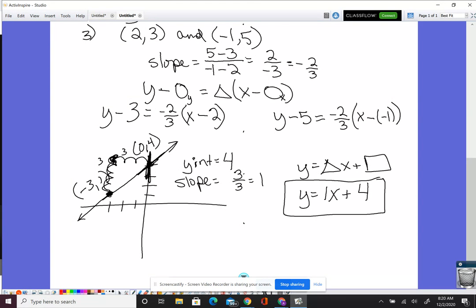That is my equation of this line. So from a graph, you should be able to come up with what a y-intercept is. You also should be able to use the rise and the run to figure the slope. And once you have the slope and the y-intercept, you can create your equation. So those are the 4 types of problems that you're going to see on your worksheet today. Any questions?